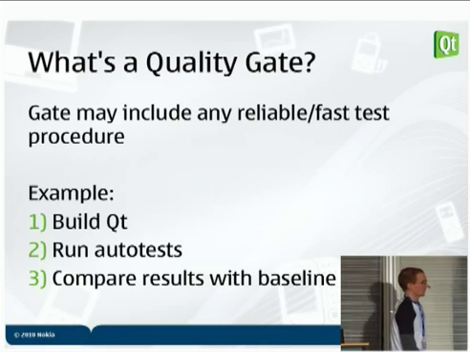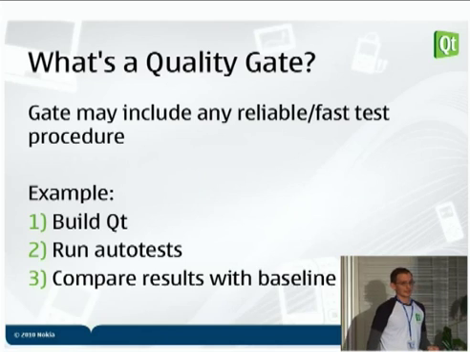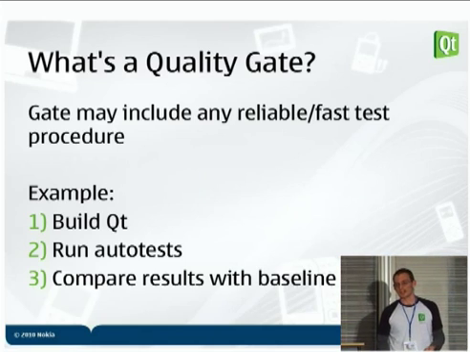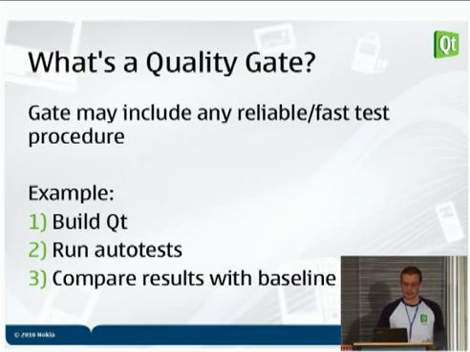Well, a quality gate can contain any kind of test procedure that's reliable and fast. The basic kind of test procedure that we use for Qt is to compile Qt, run all of the automated tests for Qt, and compare the results with some baseline. Okay, so that's fairly simple, but the quality gate actually can contain any kind of tests.